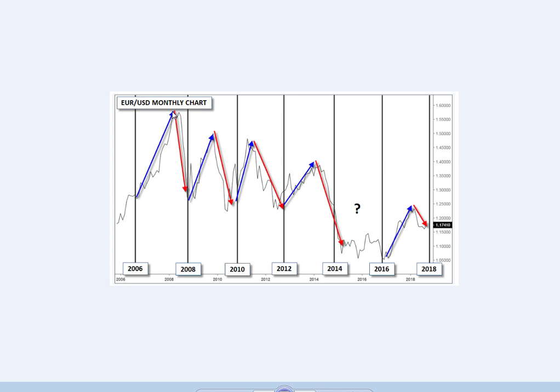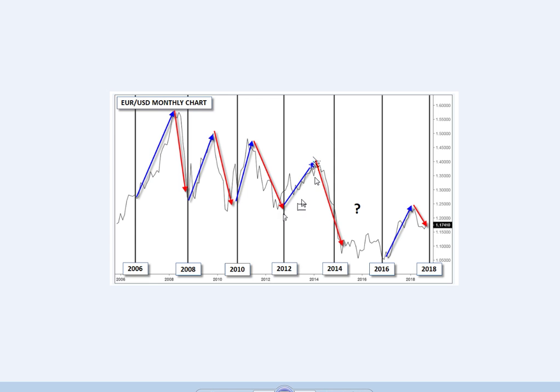So we can see from this chart that from 2006, when the president came into power, the euro gained significantly, but then it declined, and then it gained also, and then declined after the next president. Then it gained also, and then it lost, then gained also, and then it lost.